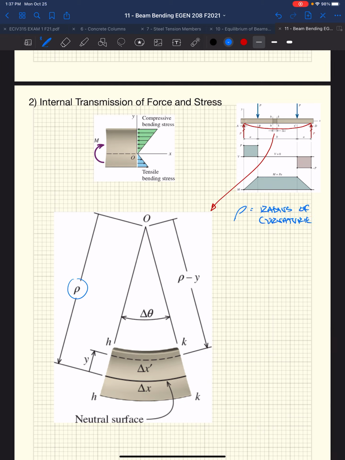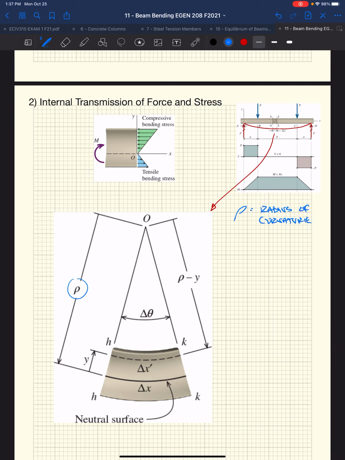And if you do that, you use the small angle theorem, which essentially says that your arc length, which is the length of this little cut, is the radius times the angle. It's essentially distance times angle equals length.